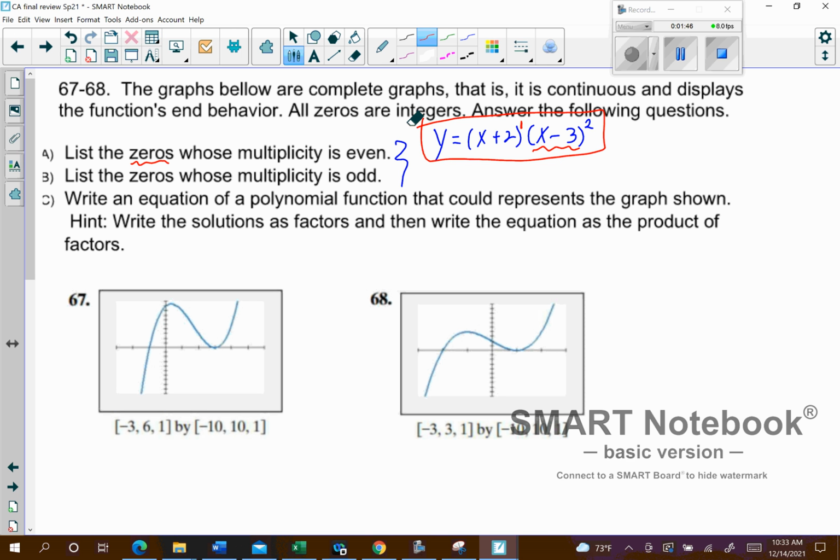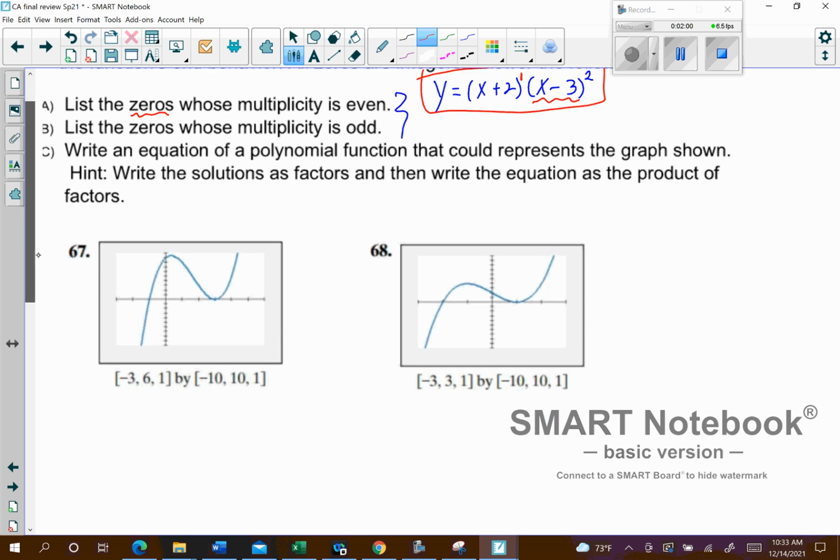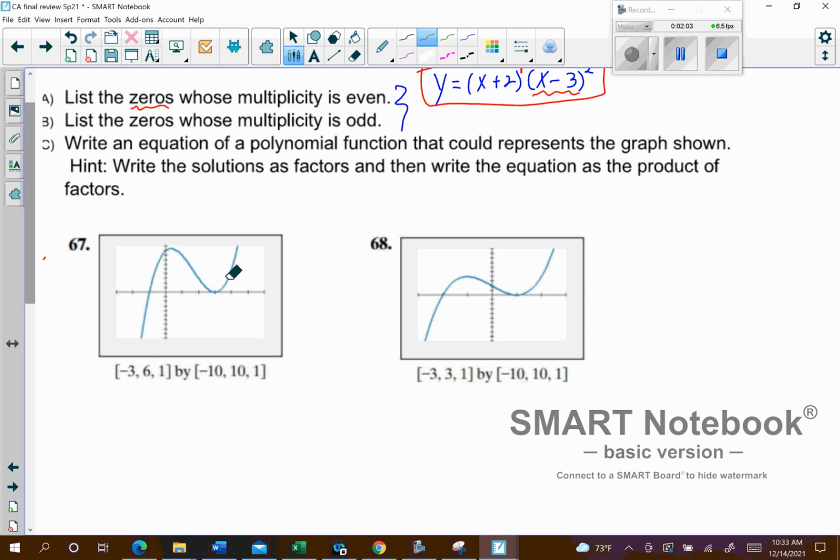Now, whenever you graph them, they look different depending on if it's even or odd multiplicity. If it's even multiplicity, and if you look at our graph down here, it kind of looks like a parabola, especially if it's a square. If it's a square, it has that parabola shape, so it doesn't cross the axis.